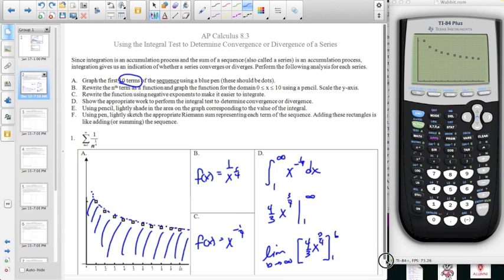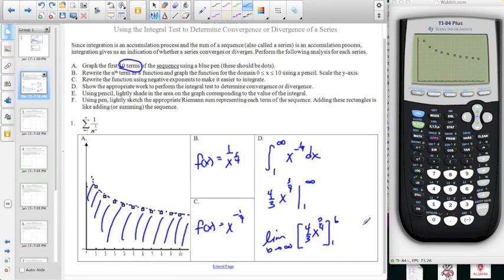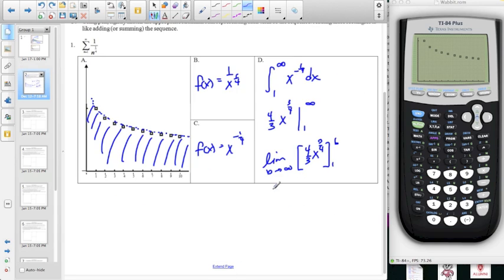And so as we evaluate that, we're talking about the limit as b goes to infinity of 4/3 b to the 3/4 minus 4/3 1 to the 3/4 power. And as b goes to infinity, then we're looking at an infinite area.